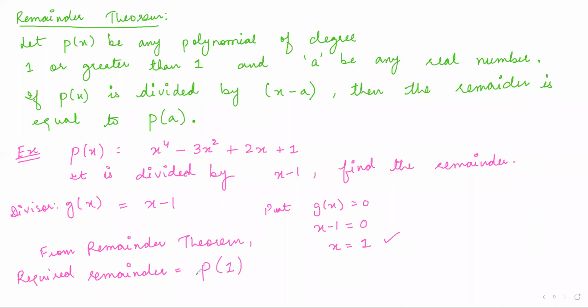So you simply put 1 in your polynomial. This is 1 to the power 4 minus 3 into 1 square plus 2 into 1 and plus 1, right? So that gives you 1 minus 3 plus 2 plus 1. So that means 2 plus 1, 3, and 1 only. So this is your remainder.